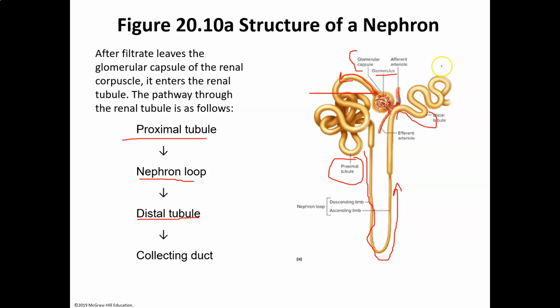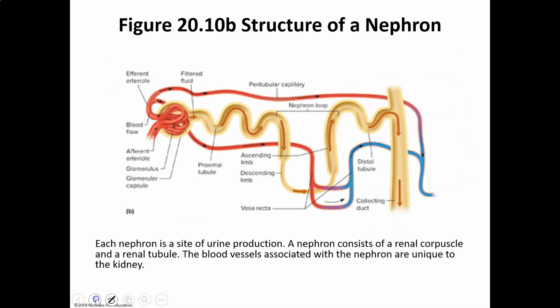Eventually, they don't have the collecting duct here, but I will draw it in. Here is a collecting duct. Everything ends up going from the distal convoluted tubule down that way into the collecting duct. That ends up going out of the kidney through the ureter. So here it is, blown up, in bigger form.